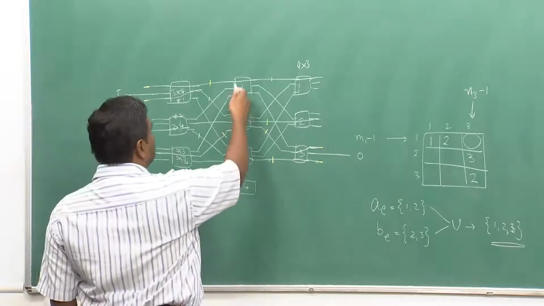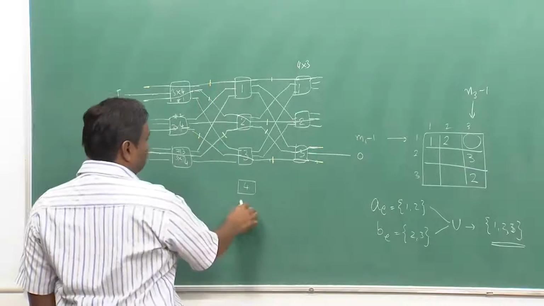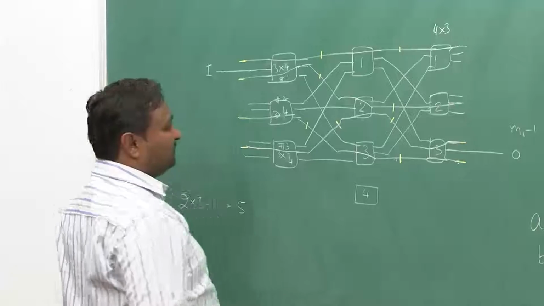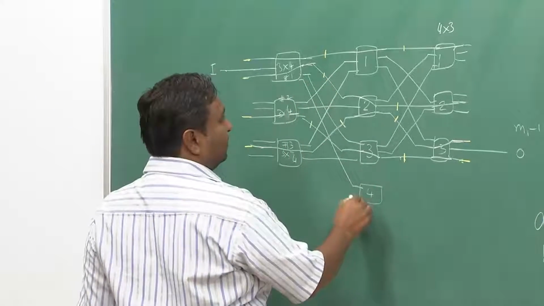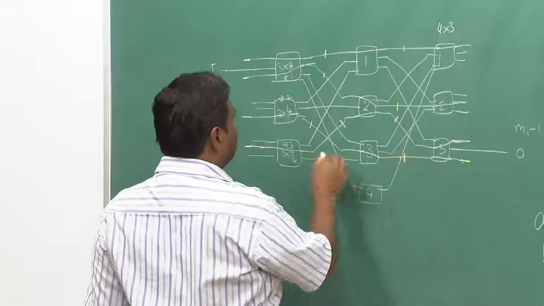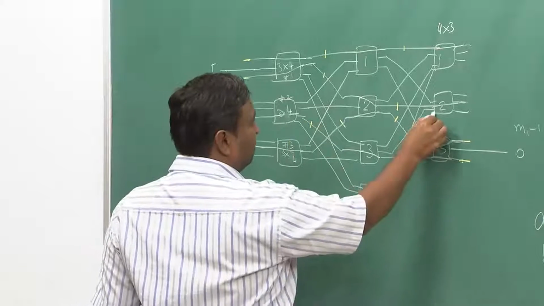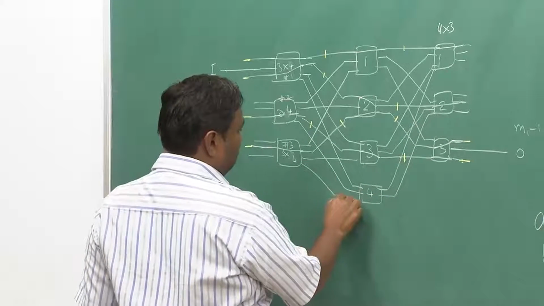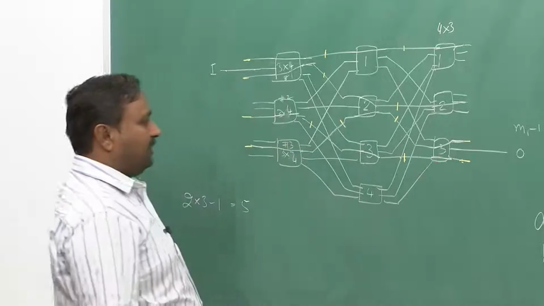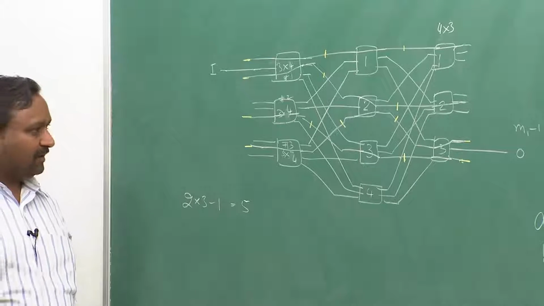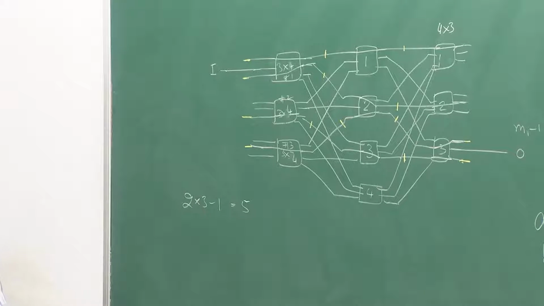Intermediate switches will still be 3 by 3, but there will be 4 elements now. So I have to now connect from here in this fashion. Now can I still create a blocking system here or not?